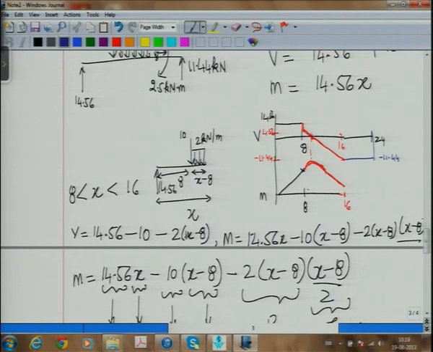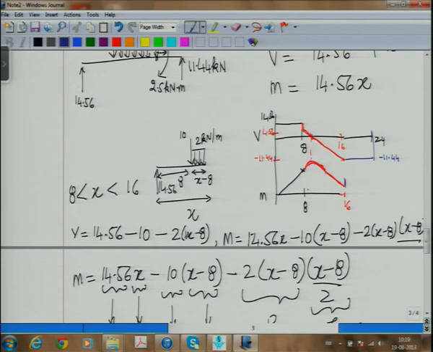What happens in the bending moment diagram? First of all, there will be a jump, and that is what I wanted to point out when I do the bending moment diagram, because at 16 there is a clockwise point moment of 2.5. So in the bending moment diagram, first there will be a jump of 2.5, and after that, because the shear force diagram is just straight, the bending moment diagram will be a straight line.